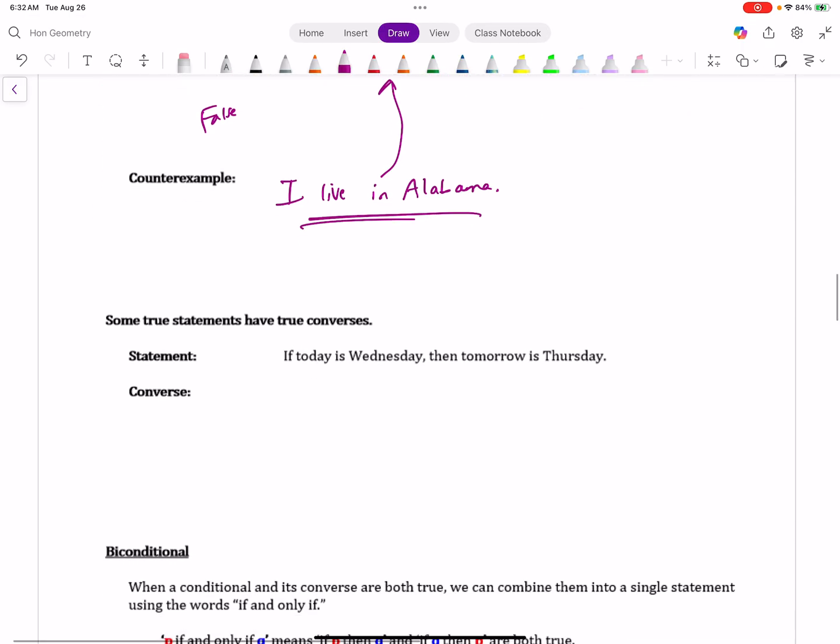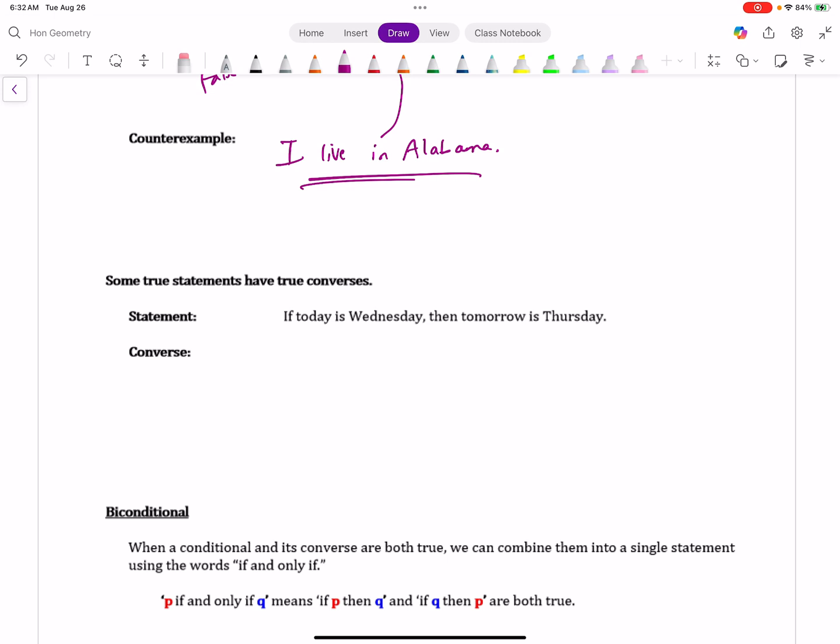Some statements, though, have true converses. Like if I told this one, if today is Wednesday, then tomorrow is Thursday. Where my hypothesis is today being Wednesday, the conclusion is tomorrow being Thursday. So the converse, if I swap places with the if and the then, would be if tomorrow is Thursday, then today is Wednesday.